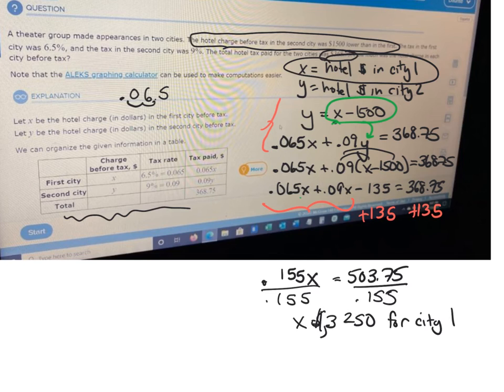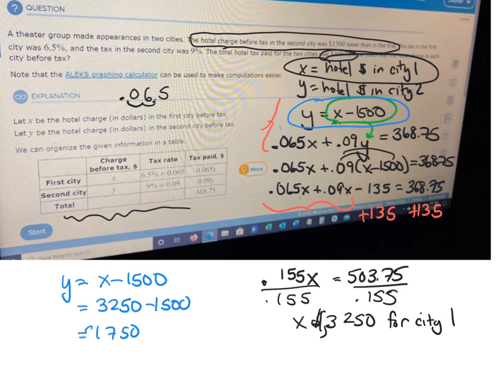Now City 2 was y, so the way we can find that is I had this equation, y equals x minus 1,500. So that's 3,250 minus 1,500. So 3,250 minus 1,500 is 1,750. So $1,750 is the price for City 2.